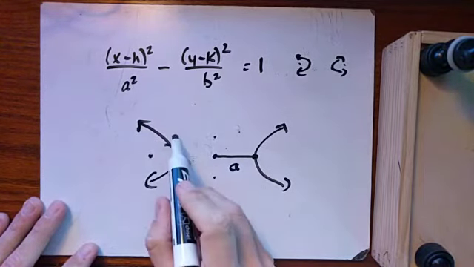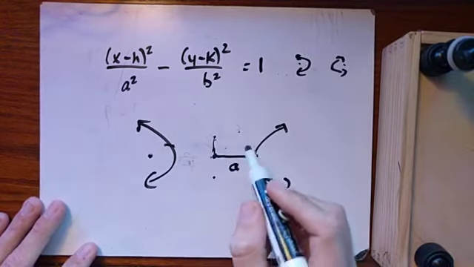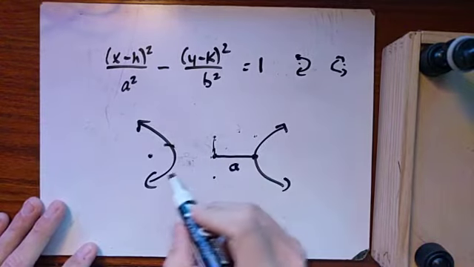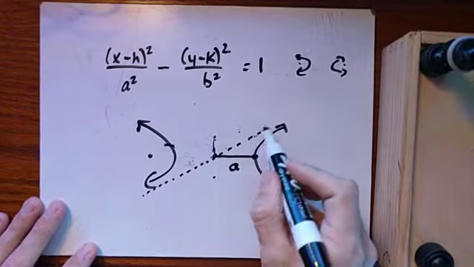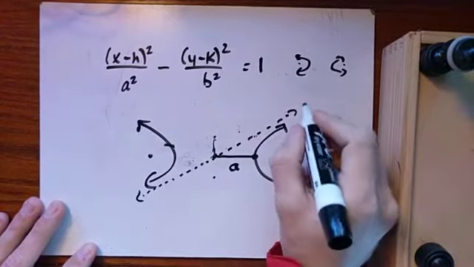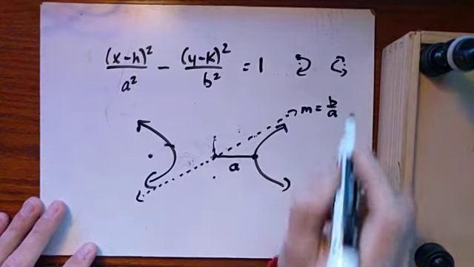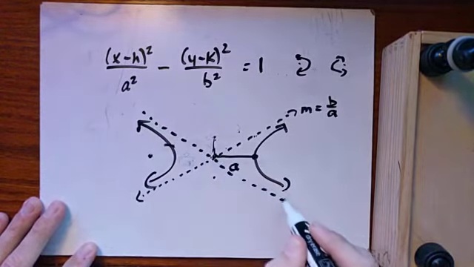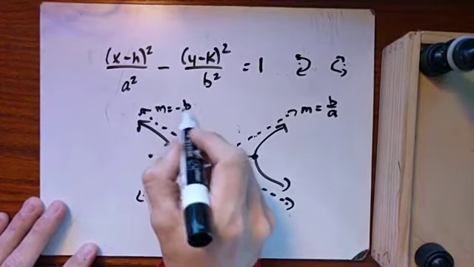There's kind of a vertical length and a horizontal length. If you go up b and over a, then you have these lines called asymptotes. The slope of each asymptote is b over a, or the opposite of that. So that's where the b comes in with this graph, right? The slope of this one is the opposite of b over a.